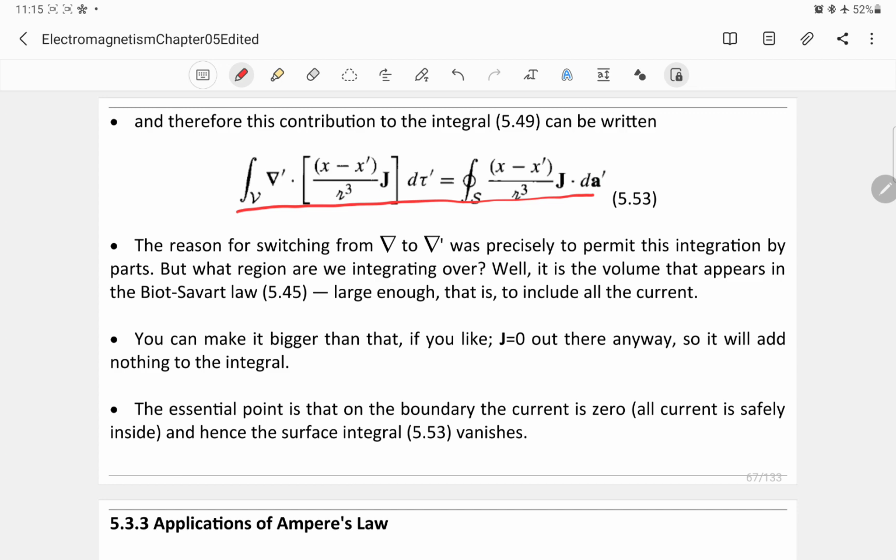By the way, the reason for switching from del to del prime was precisely to permit this integration by parts. But what region are we integrating over? Well, it is the volume that appears in the Biot-Savart law in 5.45, which is large enough to include all the currents.